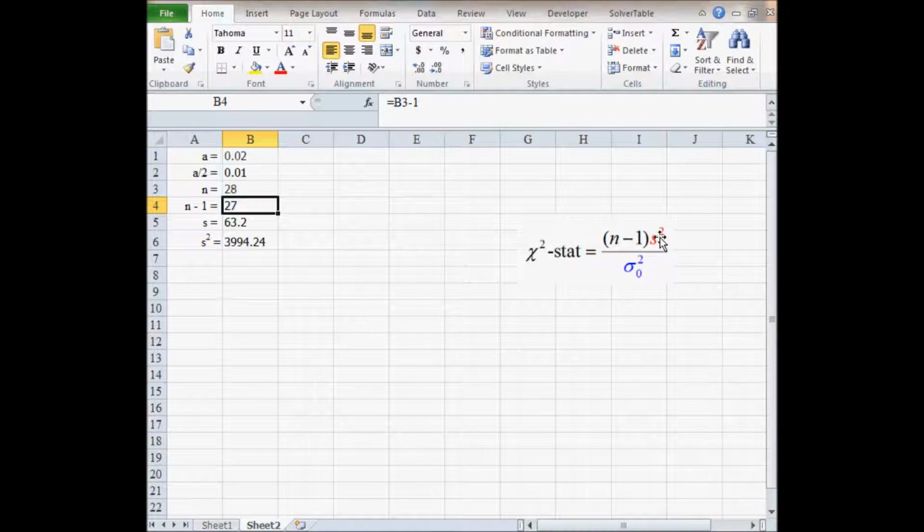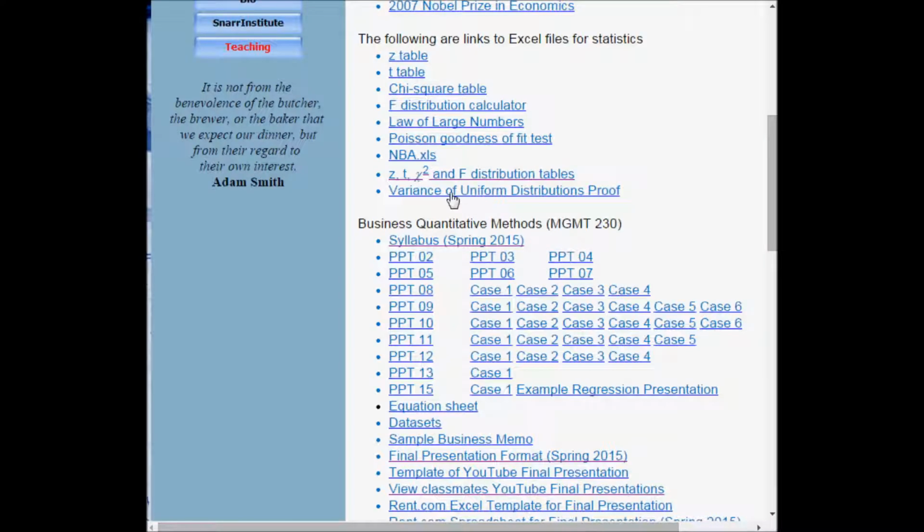We expect this s squared divided by this number to be close to 1. So a number close to 1 times n minus 1 is going to be close to n minus 1. So if a two-tailed null hypothesis is true, the chi-square stat should be around n minus 1. So now we're going to open up my chi-square table.